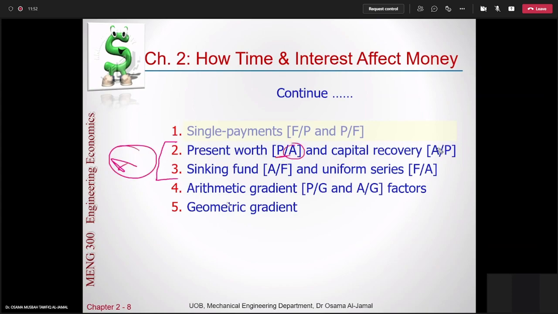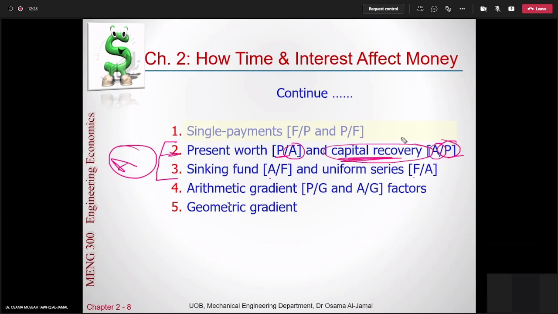To find the P given the A, or to find the A given P, or A given F, or F given A. For the first one, we call it just directly the present worth of the annuity. But if we want to find an annuity for a given present worth, we call it capital recovery. Why? To recover the investment, to recover the loan, to repay the loan. That's why they call it capital recovery.